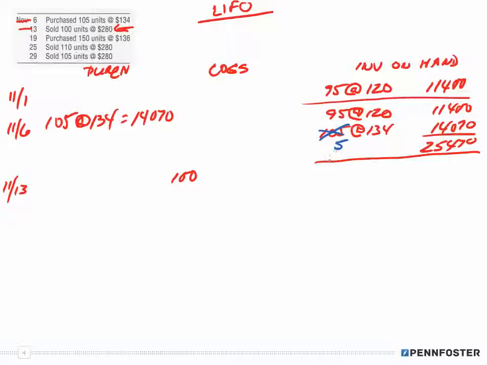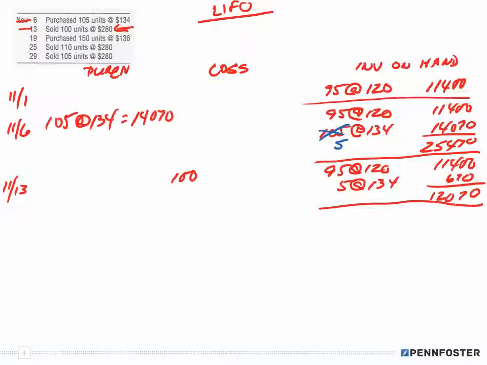So now my inventory shows 95 at 120, which is 11,400, and 5 at 134, which is $670, which gives me $12,070 as my inventory value as of 11/13. Right, so that's that transaction.